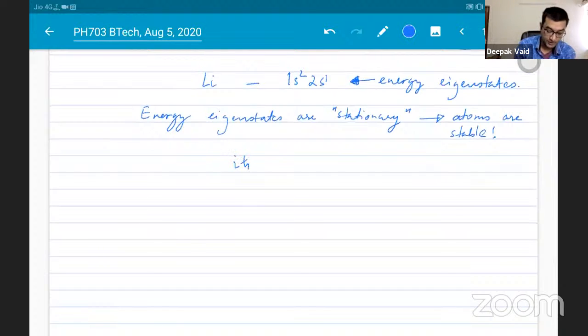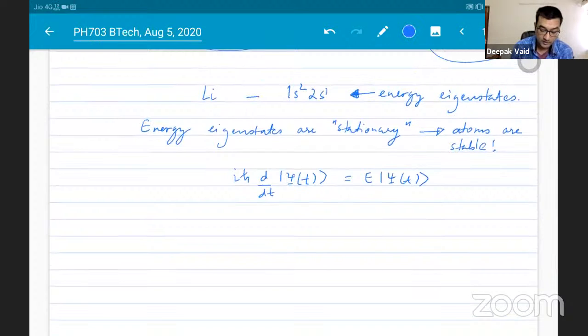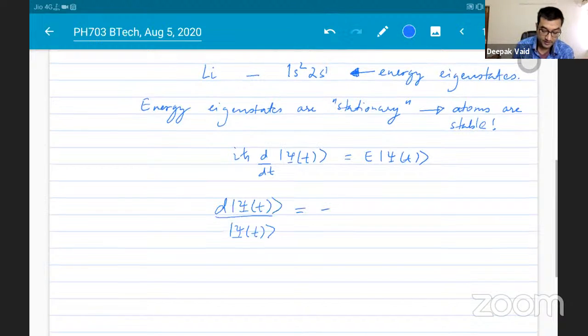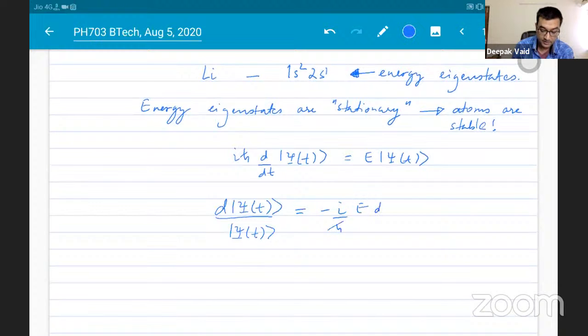Now, if you look at this equation, let me work it out again. d by dt of psi of t is equal to E times psi of t. Now, psi is a vector, so you might feel a little bit uncomfortable if I do a manipulation like this, if I bring the psi of t over here, and on the other side I write minus i by h bar E times dt.